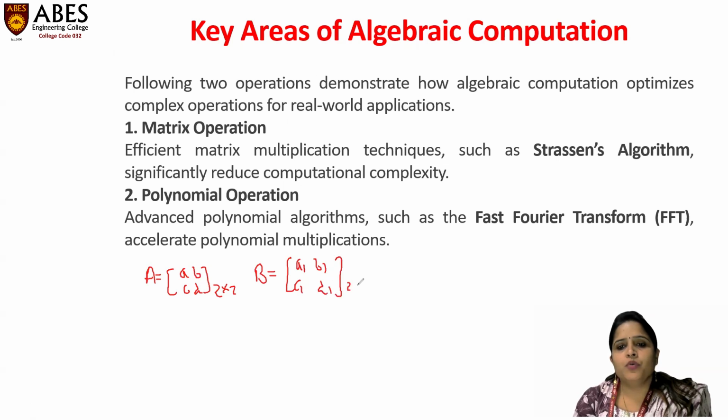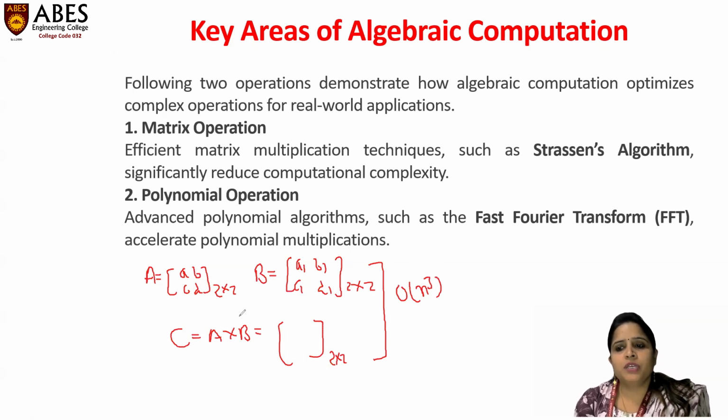If I want to compute the multiplication of these two matrices, C is equal to A times B, which is again a 2 by 2 size matrix, the conventional approach will take time of order n cube for the computation of matrix multiplication using a standard matrix multiplication approach.